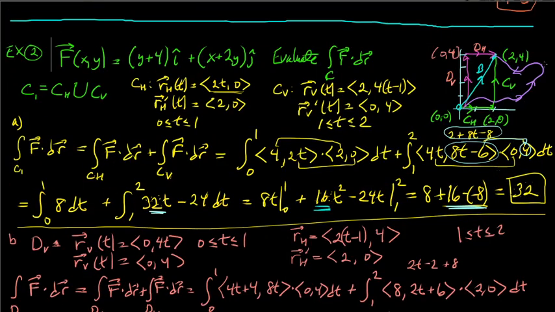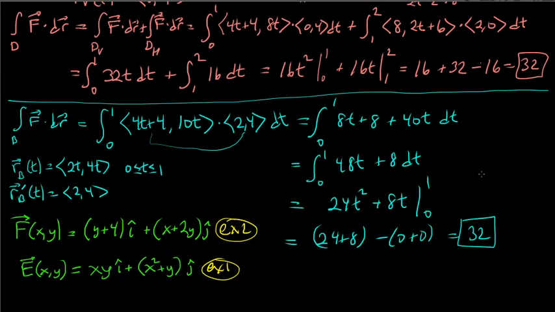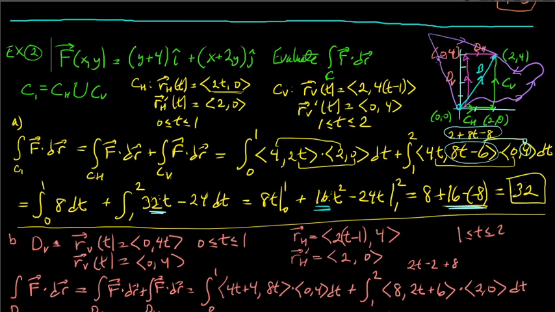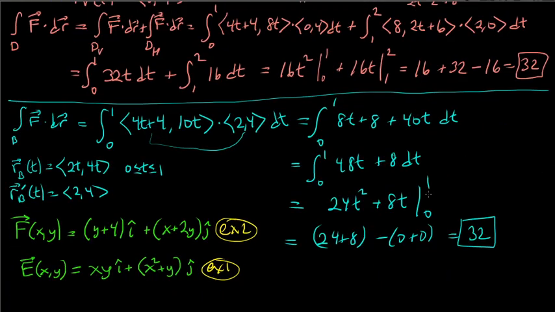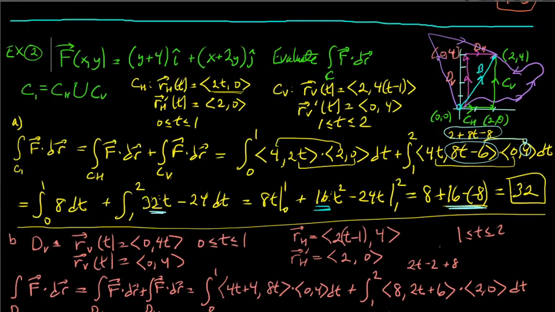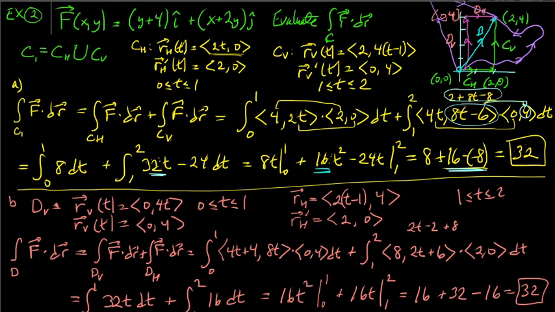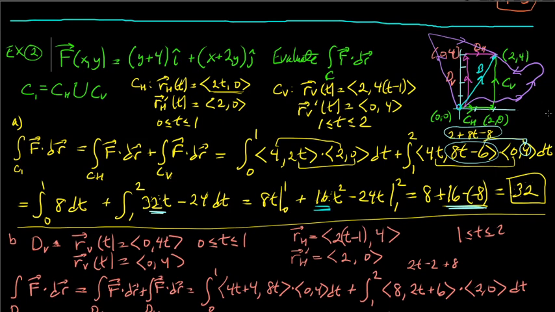Obviously I'm not going to parameterize this really weird curve here, but it doesn't matter. You can make a line segment from here to here, and then from here to here. And I promise you, you will get 32, no matter what. You can try it, but you should be fairly convinced that it doesn't matter which path you take. The line integral will be 32, as long as we're starting at 0, 0 and ending at 2, 4.